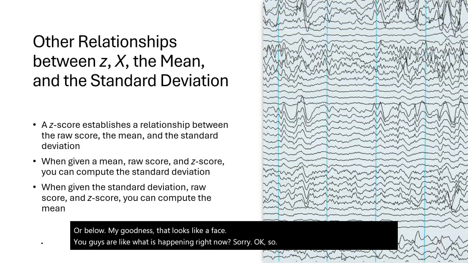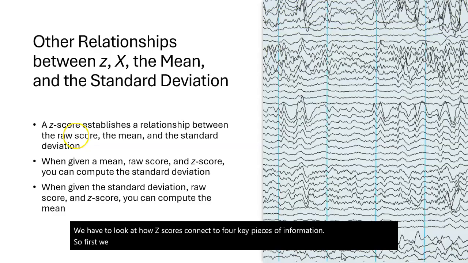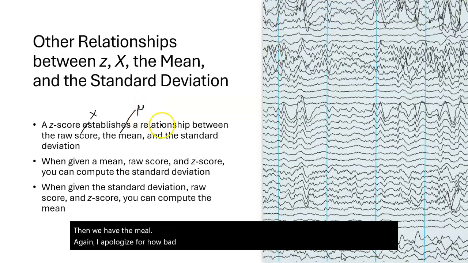So we have to look at how z-scores connect to 4 key pieces of information. First we have the raw score, which is going to be x. Then we have the mean. Again, I apologize for how bad this looks. Then we have the standard deviation. And we have the z-score.